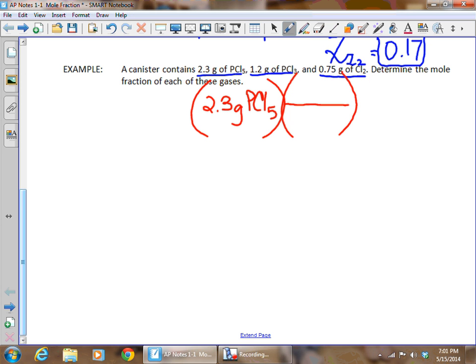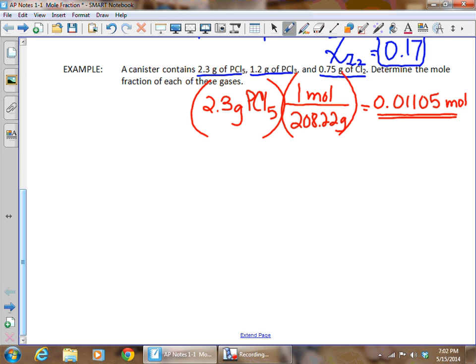If we add up phosphorus and 5 chlorines from the periodic table, we get 208.22 grams per mole of phosphorus pentachloride, reminding us of those mole mass conversions that we've done before. We end up with 0.01105 moles. Now, I'm not worried about sig figs at this point. If anything, I want to overdo the sig figs so that I don't have any weird rounding errors at the end. So there's the moles of PCl5.